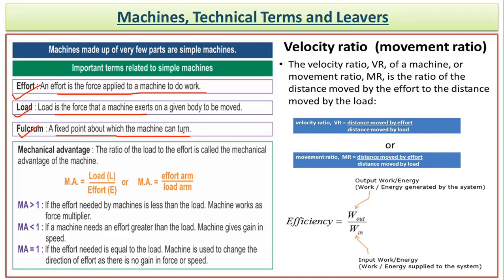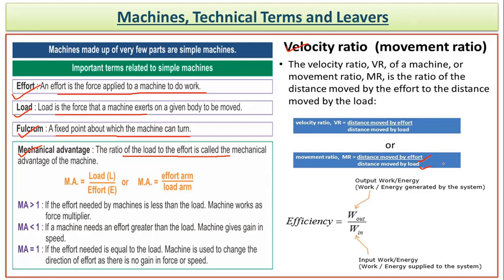With this, we have to calculate some numericals related to the machine, that is, the mechanical advantage and the velocity ratio. The mechanical advantage is the ratio of the load to the effort, whereas the velocity ratio is the ratio of the displacement of effort to the displacement of load.